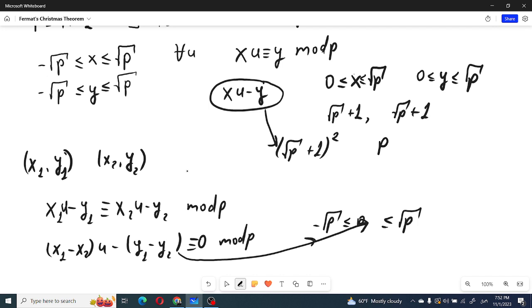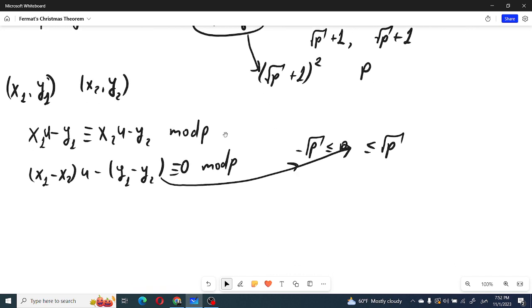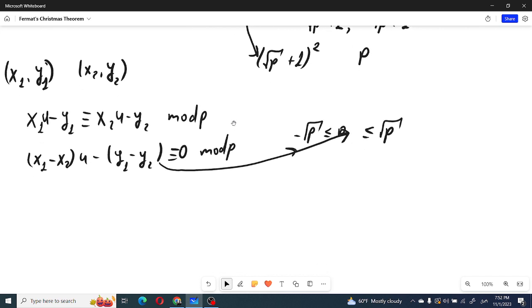Similarly, we can conclude for x1 minus x2, and then we have shown that in this range from negative square root p to positive square root p, we can always find two integers, x and y, such that x times u will be equal to y mod p.